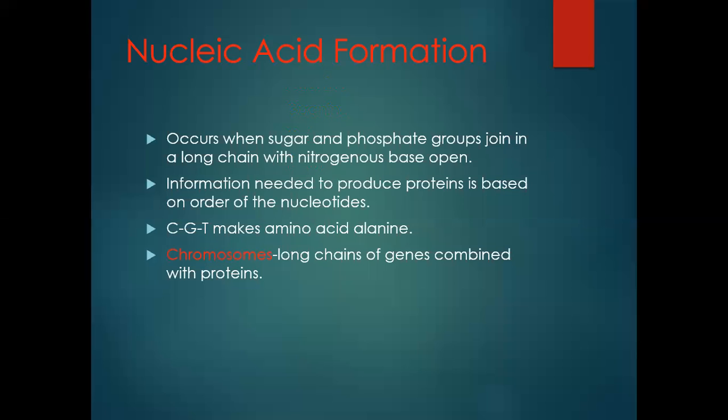So how this forms, and we're going to get into this again in a little bit, we have what are called chromosomes. You've all heard that term before. Chromosomes are just very, very long chains of this DNA, these genes, that combine together to make proteins that make up you.